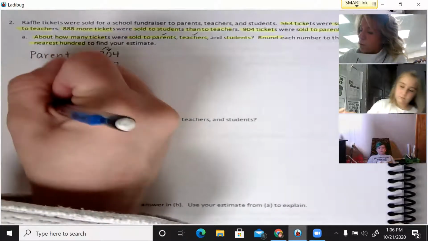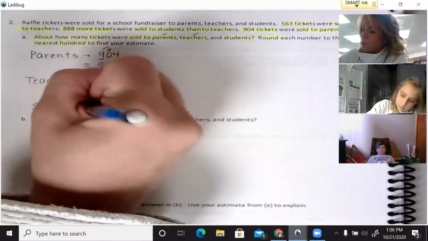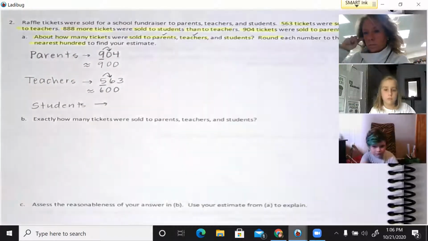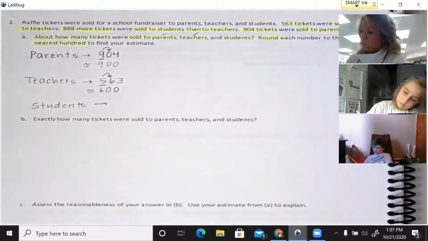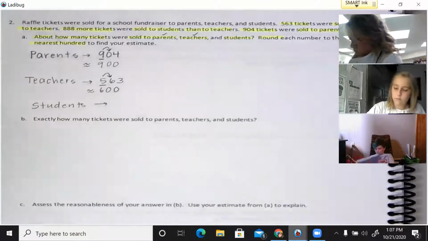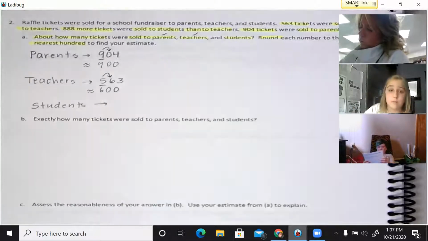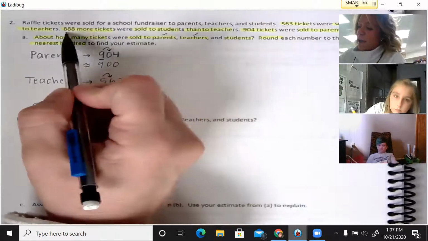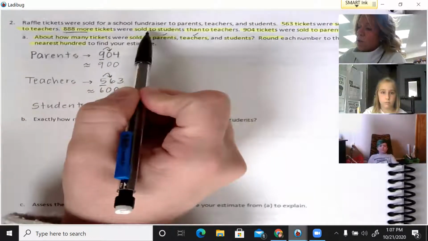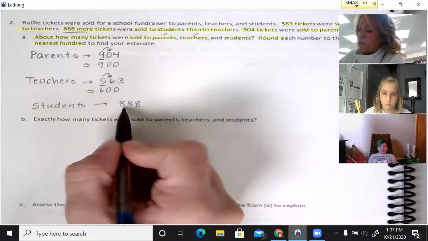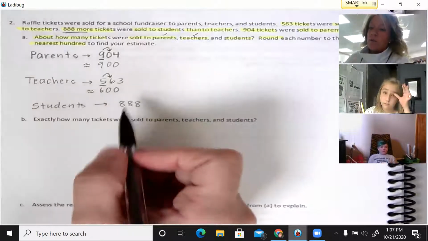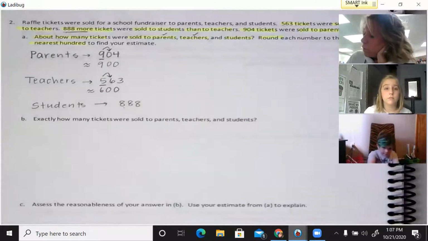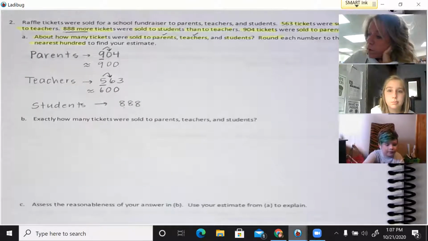Now we want to do students. What do we know about the students? They got sold 888 more tickets than the teachers. Okay, so 888 more to the students than the teachers. So I have my 888, but we have to use another number too. Which other number do we have to use? 563.